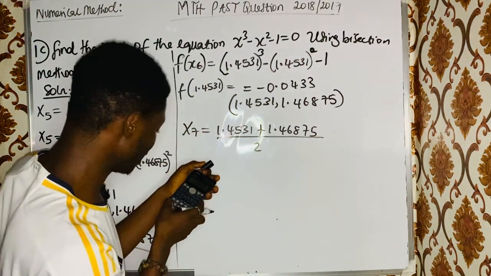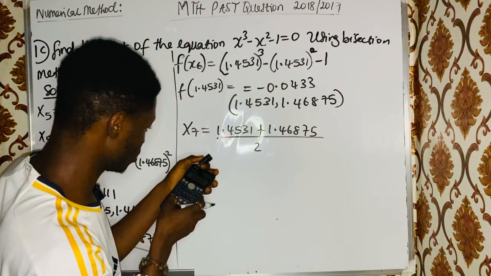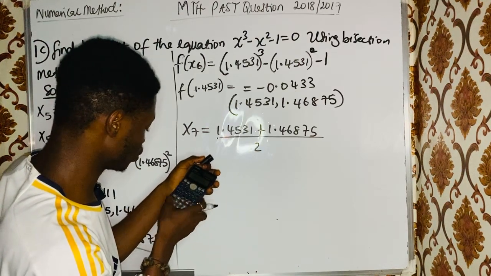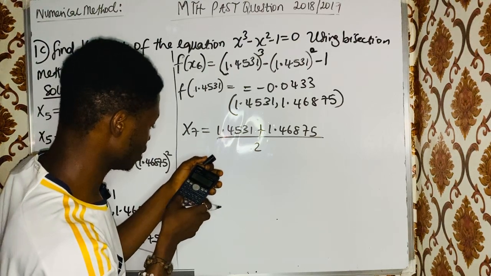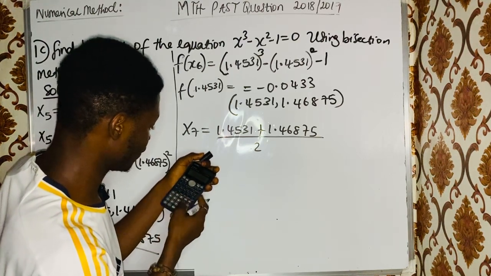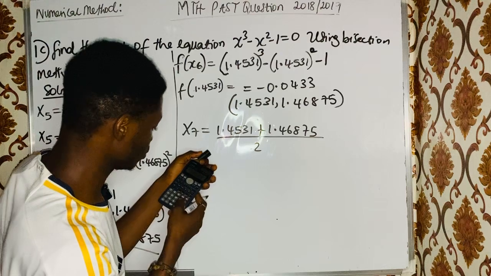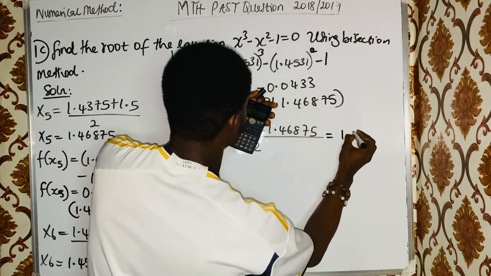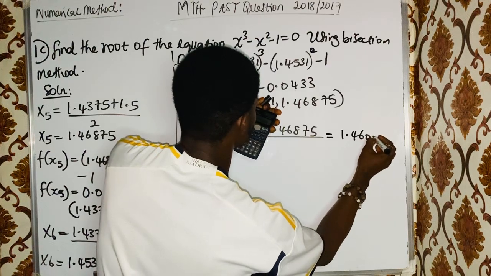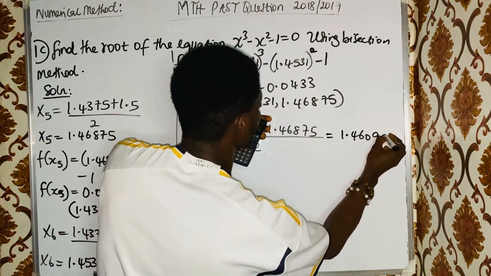Okay, I don't even know whether I divided it by 2. So 1.4531 plus 1.46875 divided by 2. So we are going to get 1.460925.